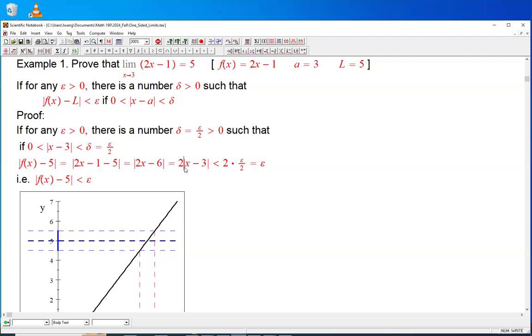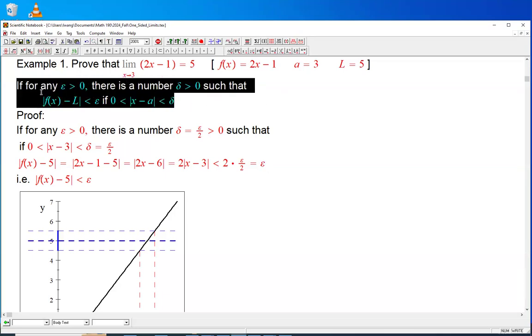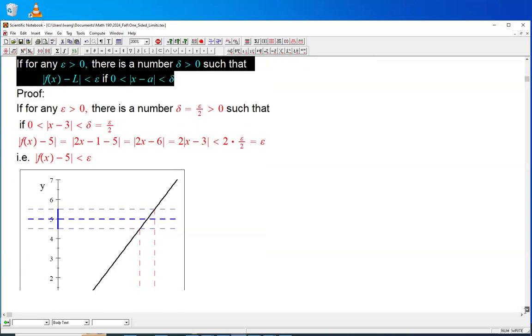So we replace x minus 3 by the larger number, epsilon over 2, and we get that the absolute value of the difference f of x minus 5 is less than epsilon. So we made this sentence a true statement in our circumstances.